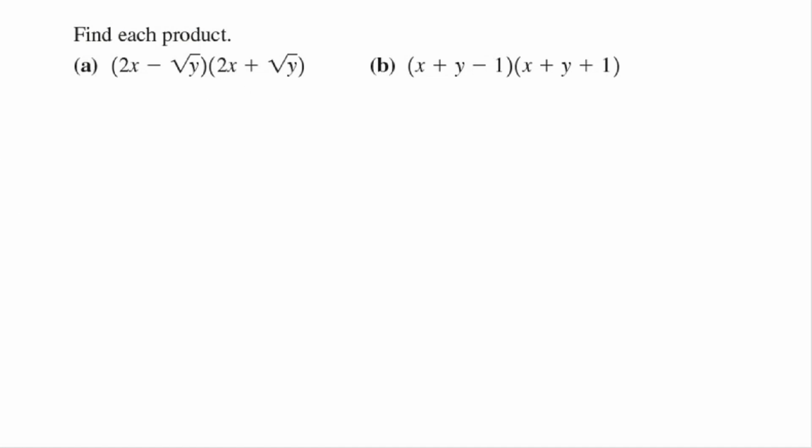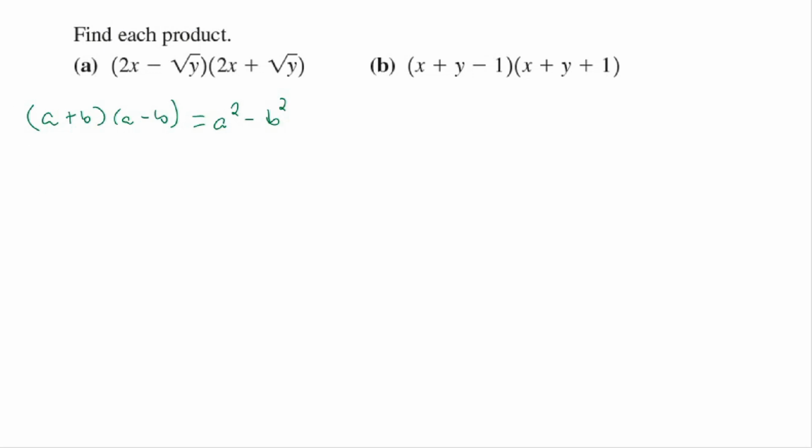So the formula for letter A, I will say a plus b times a minus b, whose product for that is the difference of two squares, which is now the square of the first term minus the square of the last term. So in doing that, my first term is 2x. So I will write first the given.